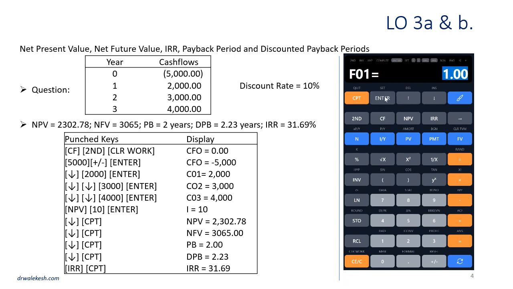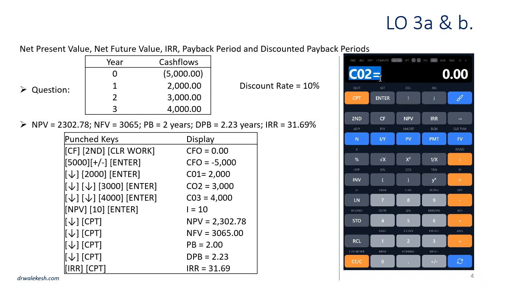I can press enter or arrow down, either is fine, because this implies that we have just one frequency for the 2,000. But a faster way, since you have the one here already, is just to press arrow down.